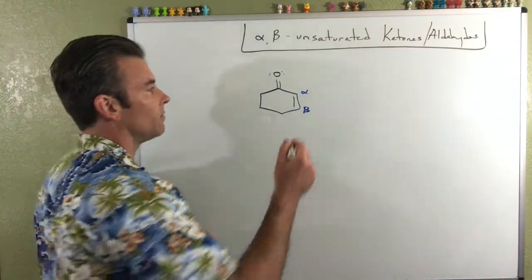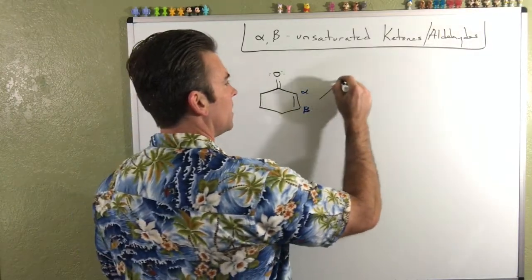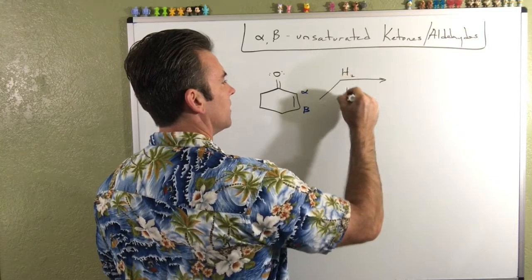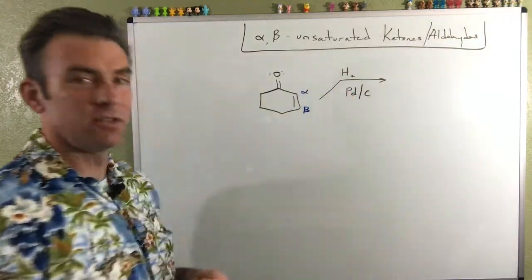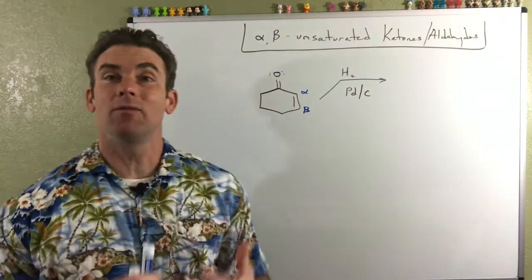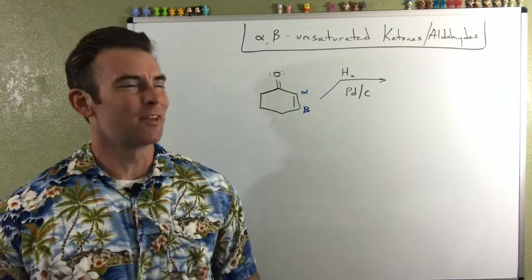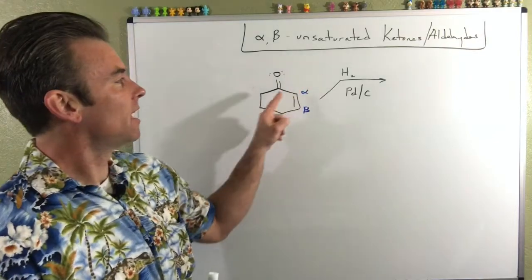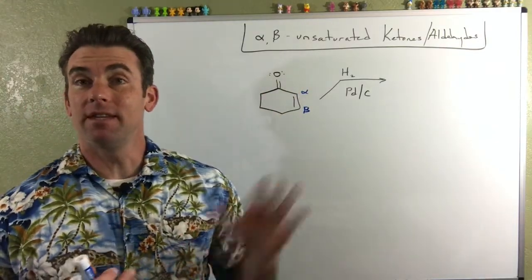It turns out that if we want to just reduce this double bond, we are just going to employ our normal friend H2 with some sort of fancy transition metal, right? As long as we're careful with this, and we just use normal conditions, the ketone group is going to be unaffected by these reagents.